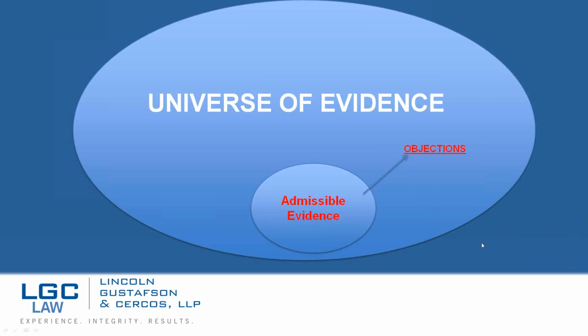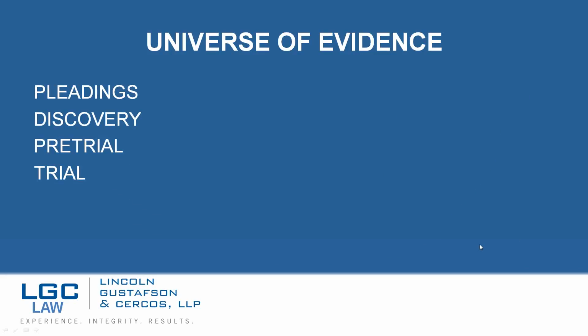So I'm going to kind of go back and start from the beginning. The universe of evidence really arises from some type of event, whether it's the construction of a project, condominiums or single-family homes. Maybe it's a slip and fall. Maybe it's a breach of contract. Some event has given rise to responsibilities and obligations of the party.